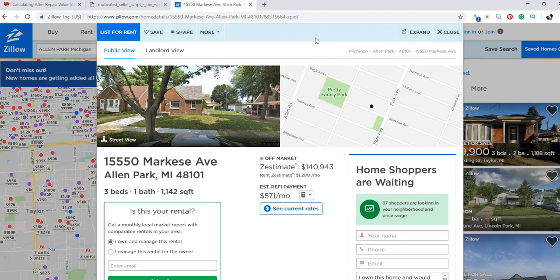So don't get all hung up on getting the highest absolute value that it can be appraised at. Just get a realistic value of what it appraises at. So anyway, 141,000 is what Zillow is telling us it's worth.